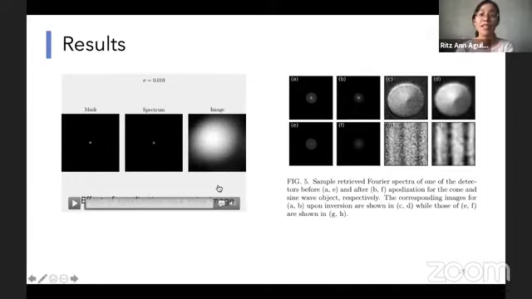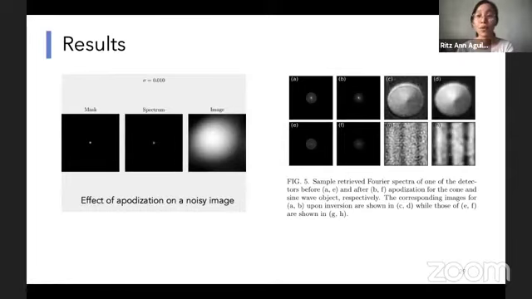So we're essentially cleaning the image before feeding it to the photometric stereo algorithm. As you can see here, for the cone object, we were able to clean it with the apodization technique, as well as with the sine object.